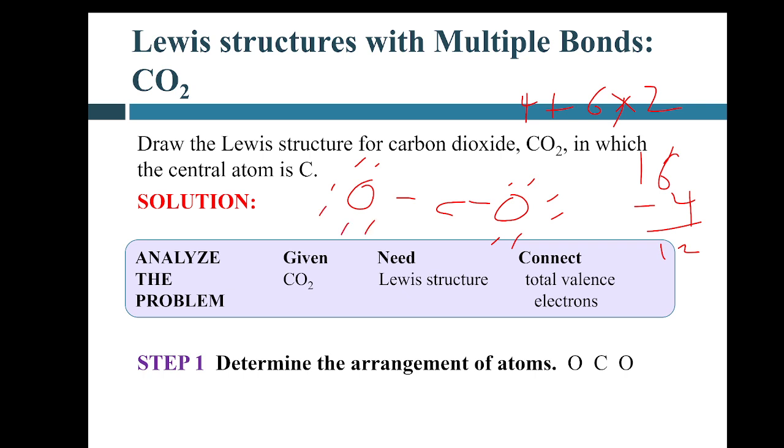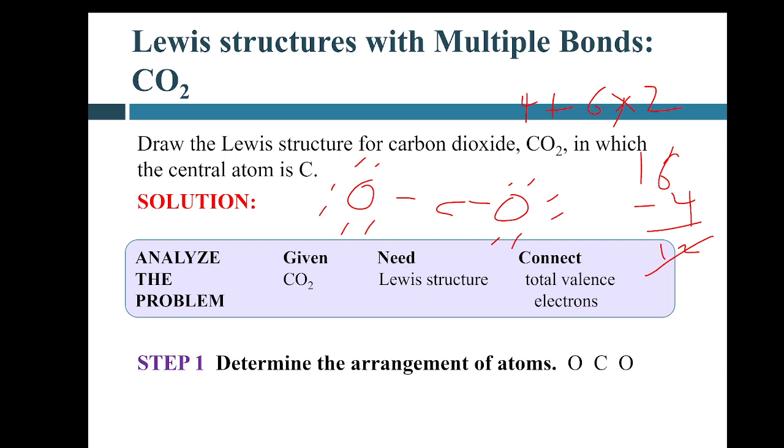Okay, so how many electrons have I now used? Yeah, I've used all of them, haven't I? So I've used up all my electrons. I'm now done with my electrons. I can't put any more. Is everything noble-like yet, though? No, it is not. Okay.